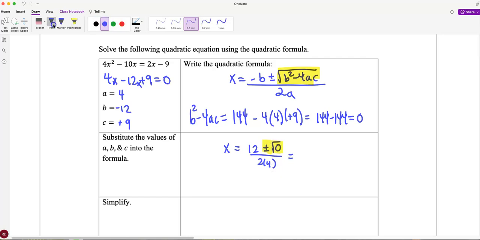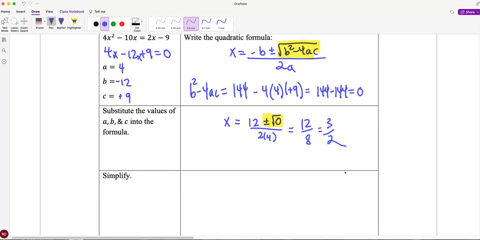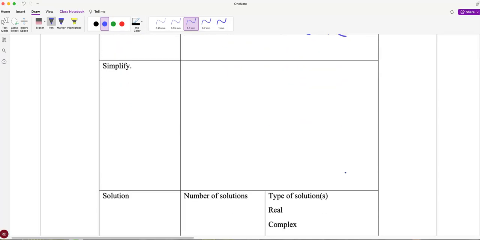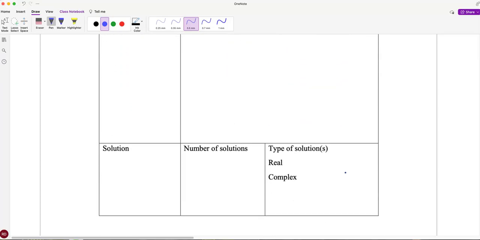So I'm going to get one answer here. So it's 12/8 or 3/2. Okay. So this one simplifies because the b squared minus 4ac was 0. So here I get x equals 3/2. I only get one solution, which is a real number.